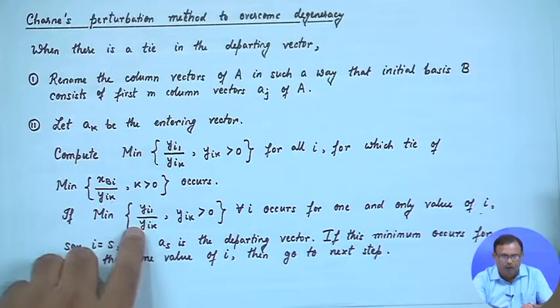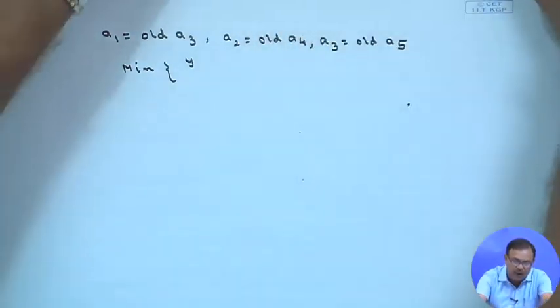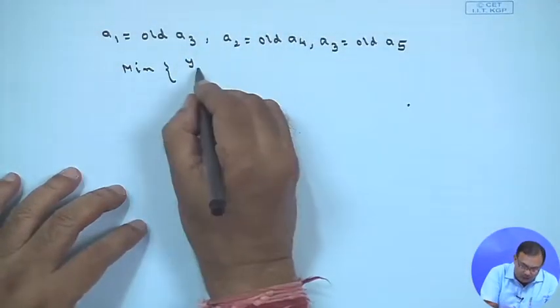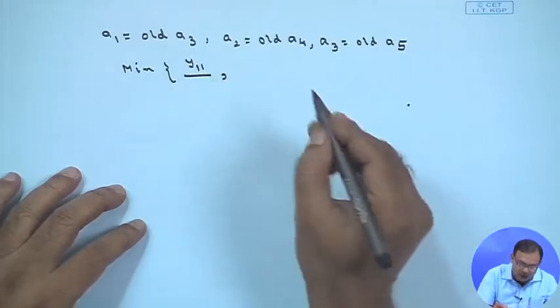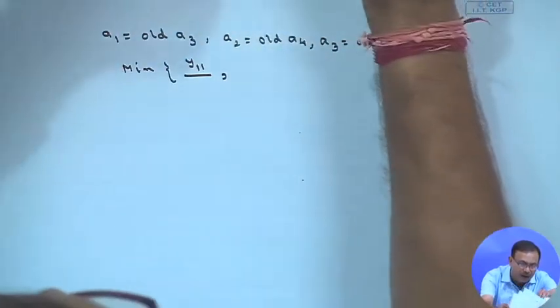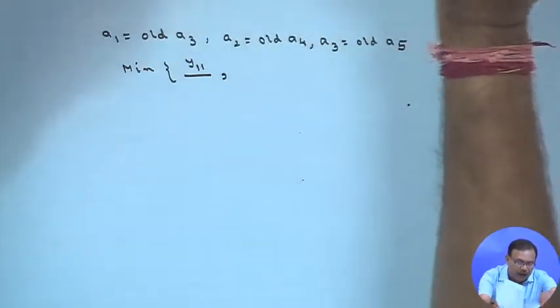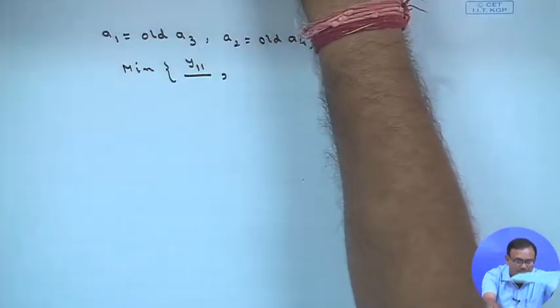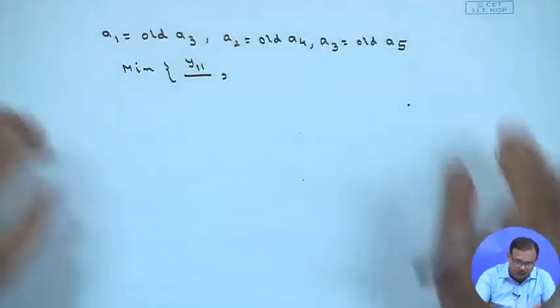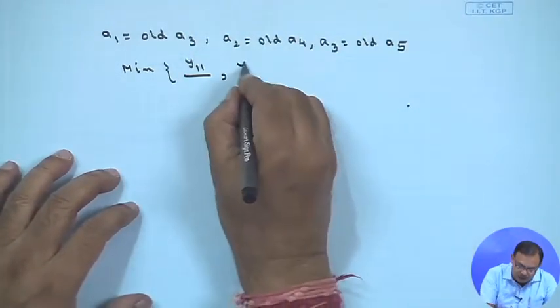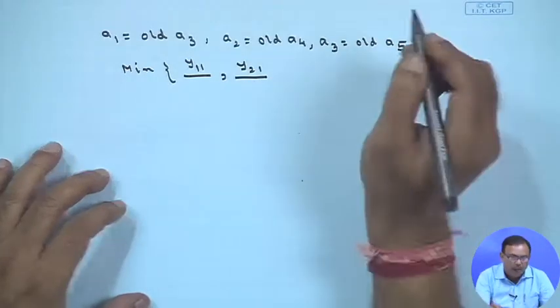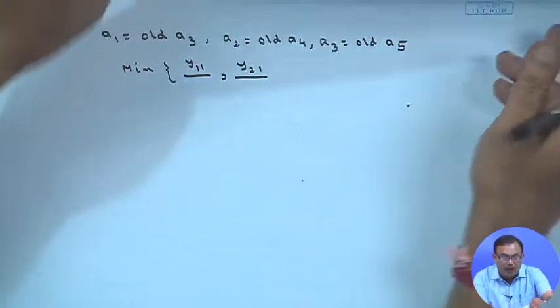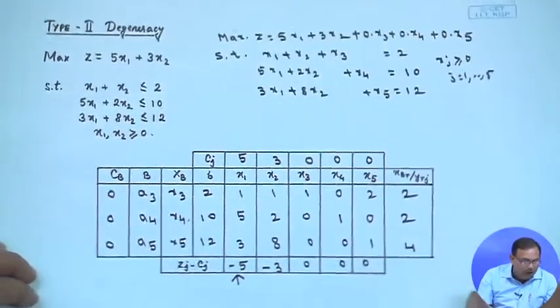So, it is the minimum of yi1 by yik. I will write the minimum of y11 by y1k, then y21 by y2k. So, what is yik? yik will be the entering vector for this one.